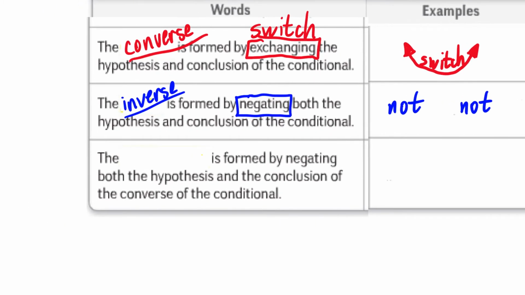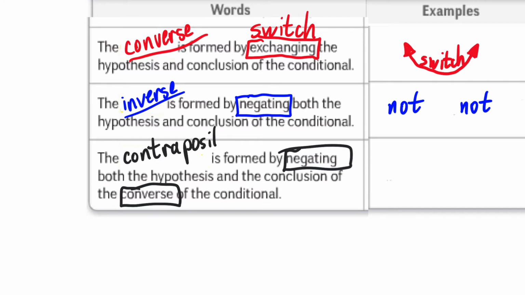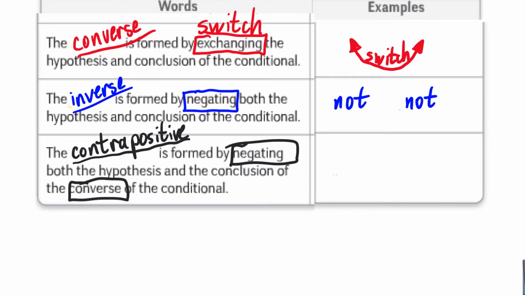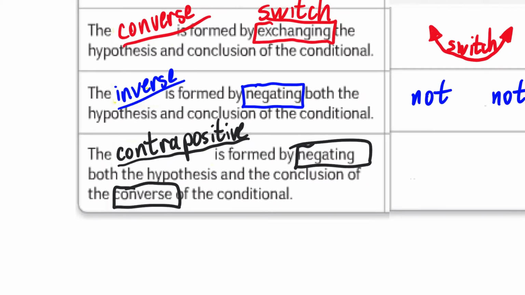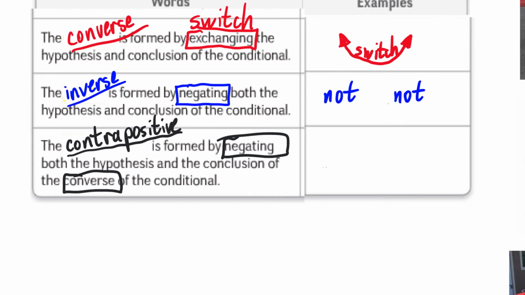And then the last one, this one says negating and the converse. So basically it's talking about negating and switching. So which one does both? Contrapositive. Good. Really weird word, the contrapositive. So on this one, what's going to happen is it's going to be not and switched.